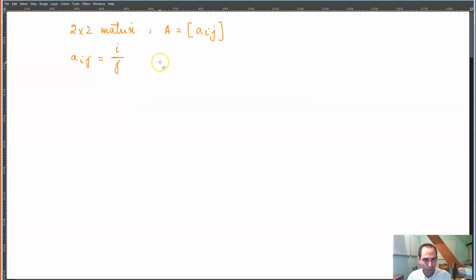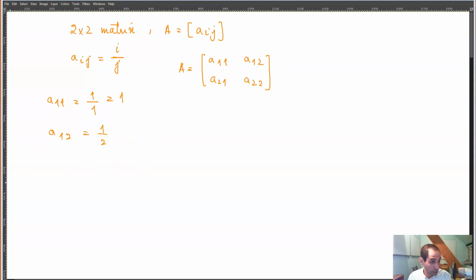So if you write out your matrix, you would have A as A of 1 1, A of 1 2, A of 2 1, and A of 2 2, right? So then A of 1 1 would be equal to 1 divided by 1 based on this formula, which is equal to 1. A of 1 2 would be equal to 1 divided by 2.